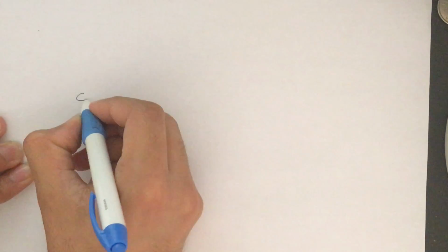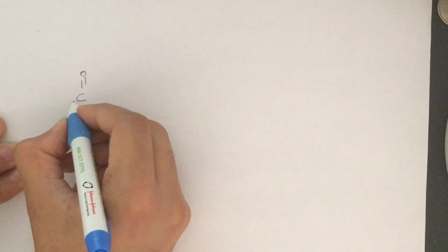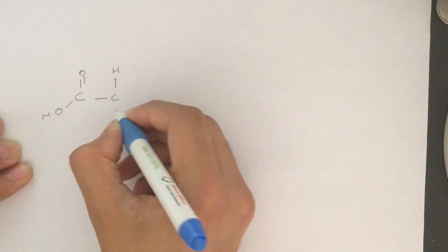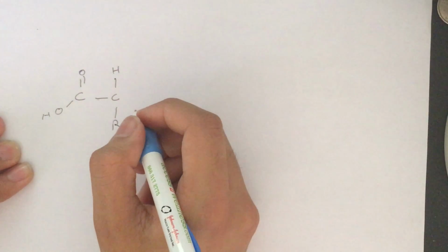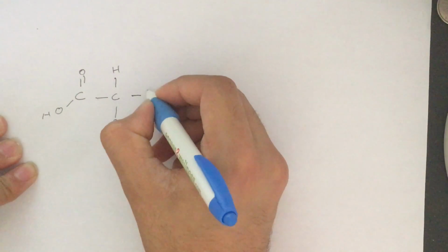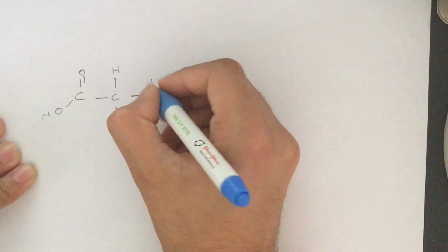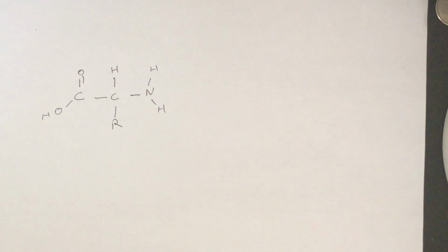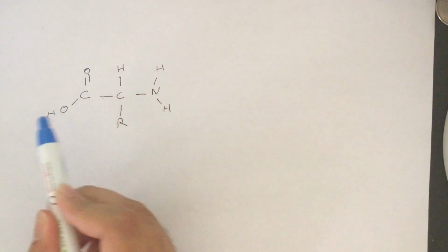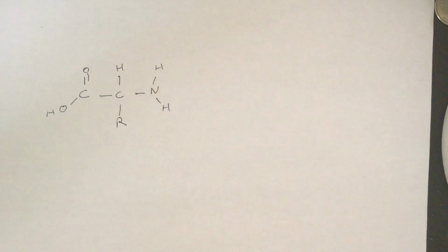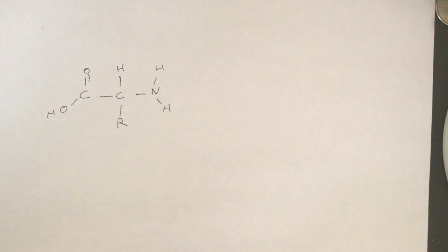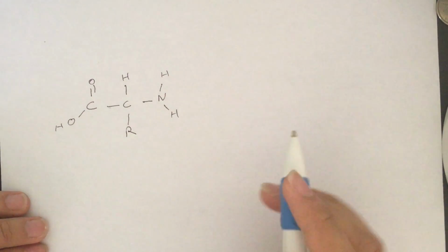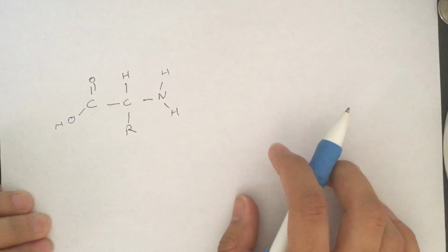Suppose you have the carboxylic group, the alpha carbon, the hydrogen, the R group, and this will be NH, and we'll just say this is an H. Usually, and I'll go into this later, this actually loses an H, and this has an extra H at the end when it's in water, because it's actually in an ionic state, but we can discuss that later. For the essence, this is just to make sure that you understand the amide group formation.